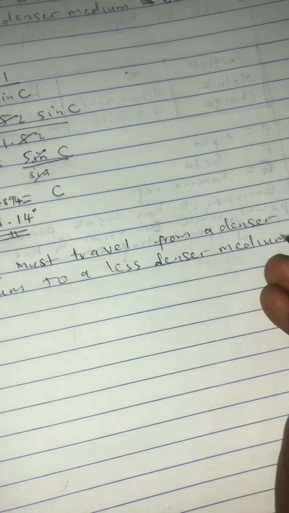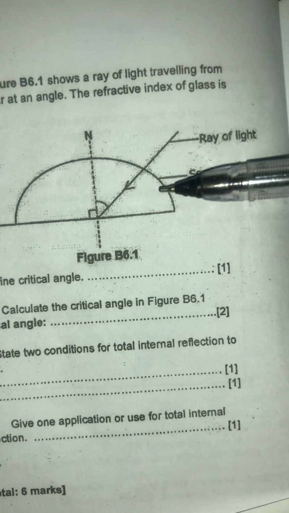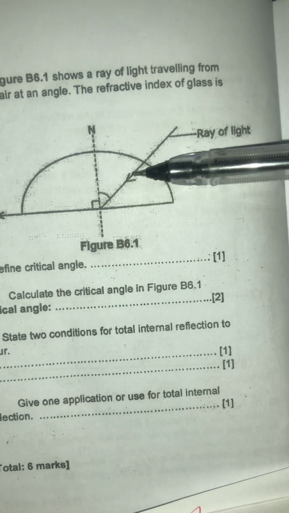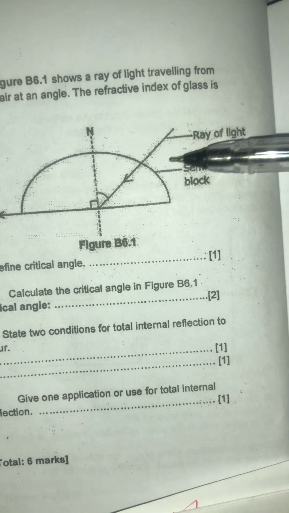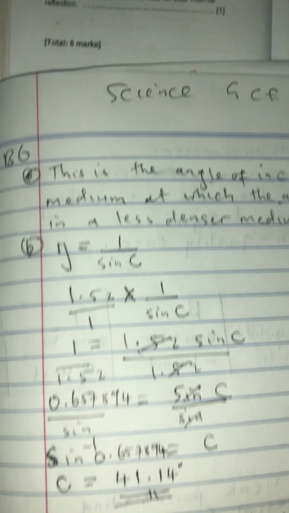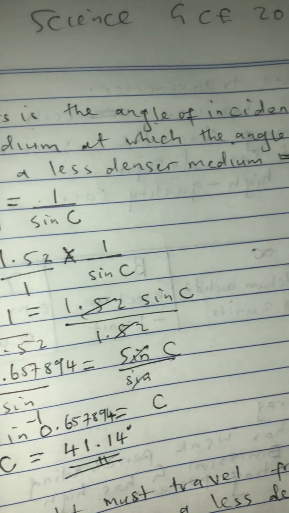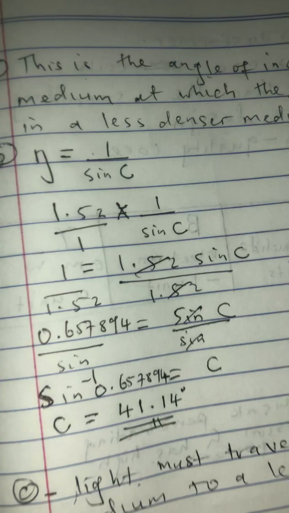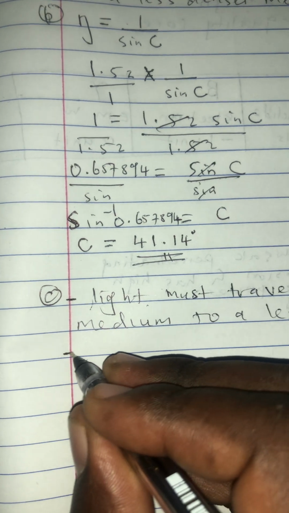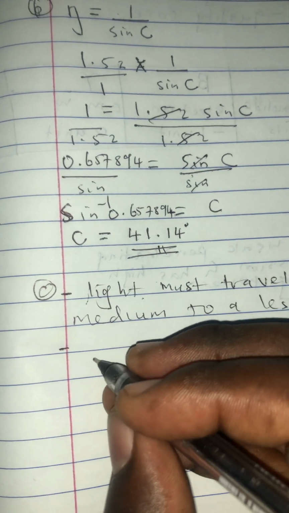As simple as that. So light is traveling maybe from a glass block to air. It must travel from a denser medium to a less denser medium for us to have total internal reflection.